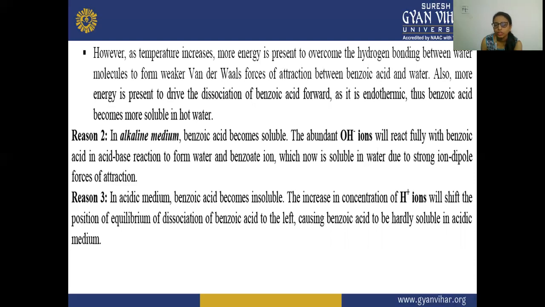So here the dissociation equilibrium is shifted to the left because of the more formation of H positive ion in your acidic medium. That is why benzoic acid becomes insoluble.